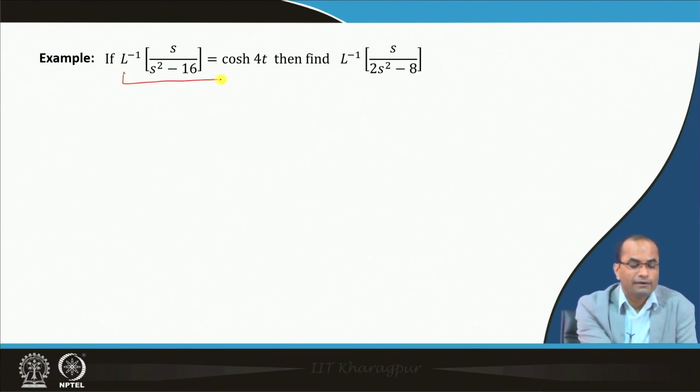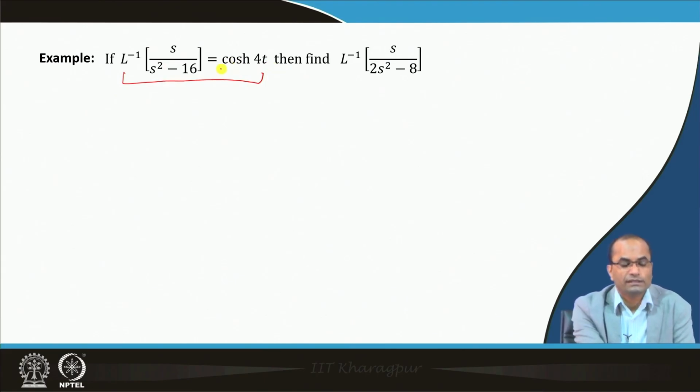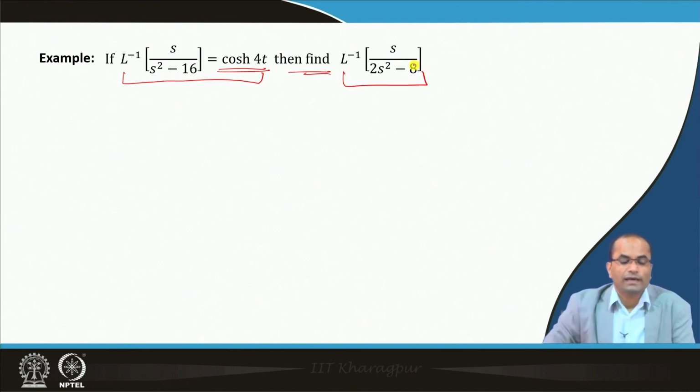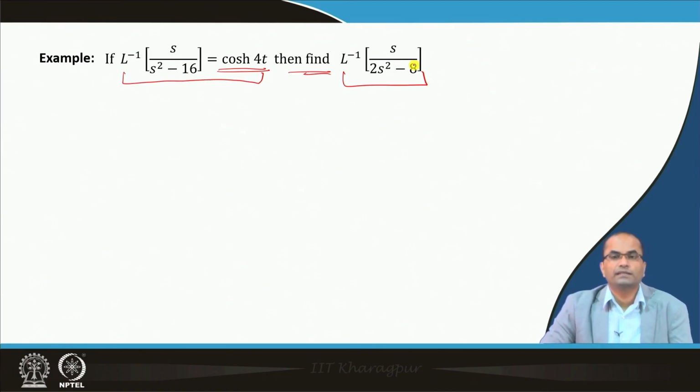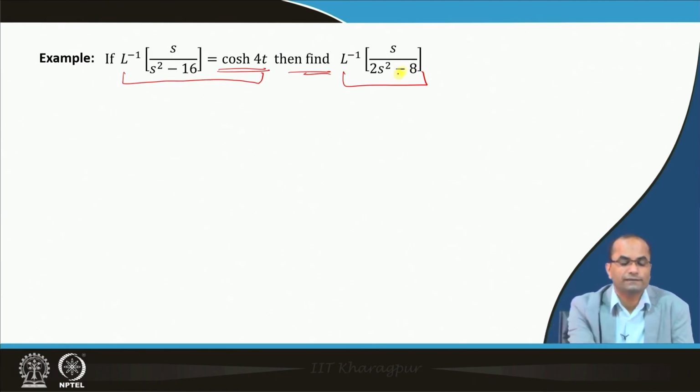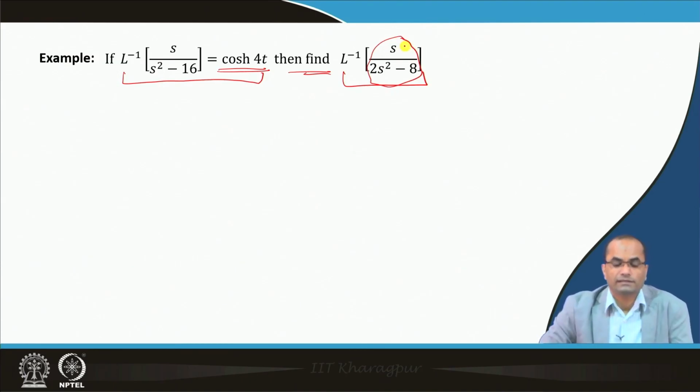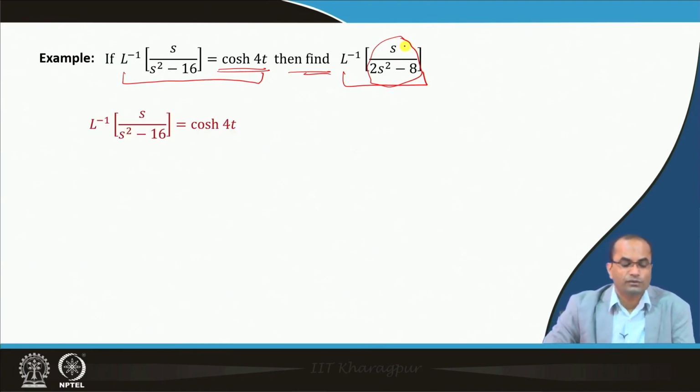If we have now L inverse of s over (s square minus 16) given as cos hyperbolic 4t, then we need to find L inverse of s over (2 s square minus 8). So, we have to again see what kind of scaling is done in this Laplace transform, and then we can apply the scaling property of the inverse transform.